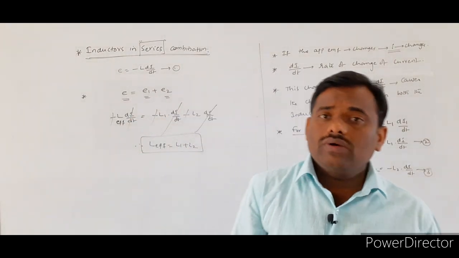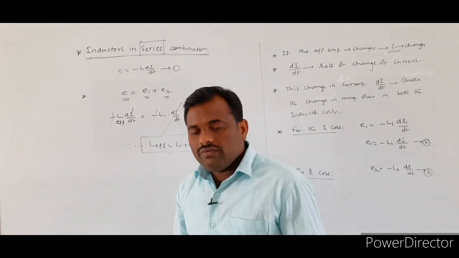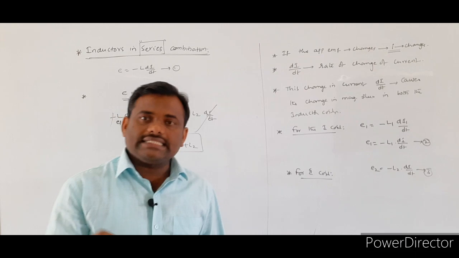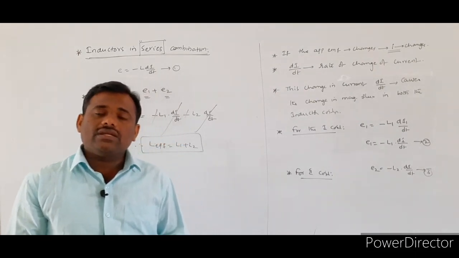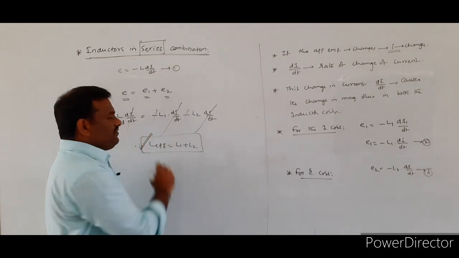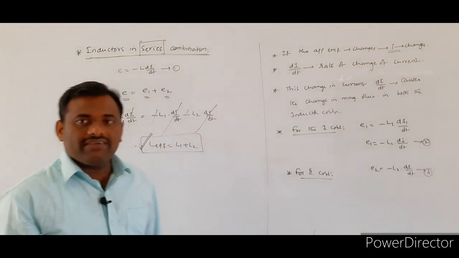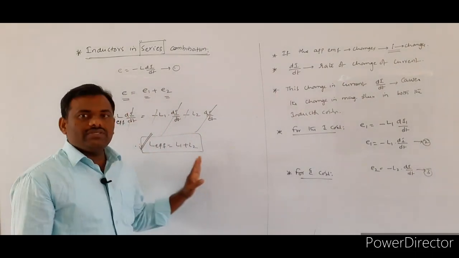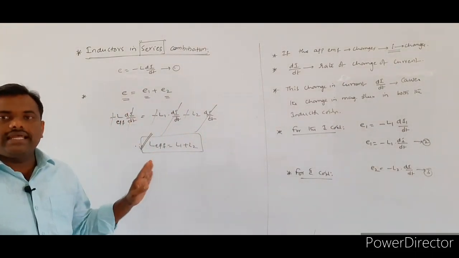What does L effective denote? Whenever two inductor coils are connected in series combination, their effective coefficient of self-induction is given by L effective equal to L1 plus L2.